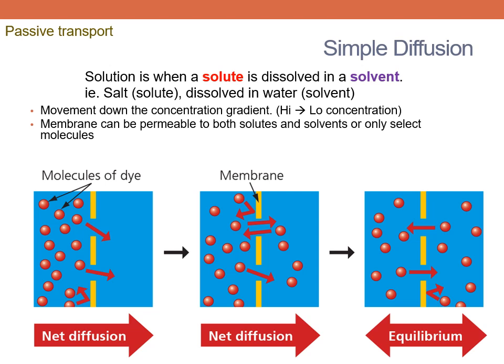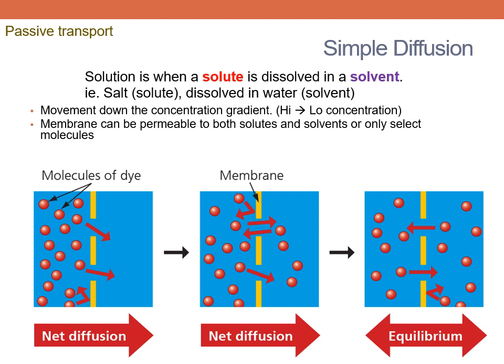Simple diffusion is the movement of solute molecules from an area of high concentration to low concentration. We refer to this movement as down a concentration gradient, as in the previous slide, movement downhill.